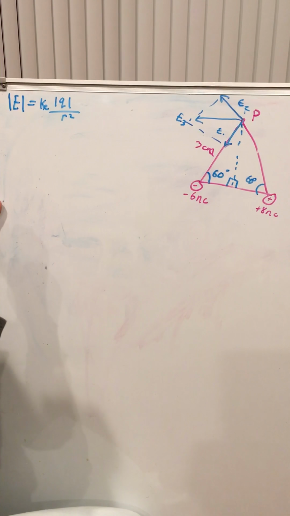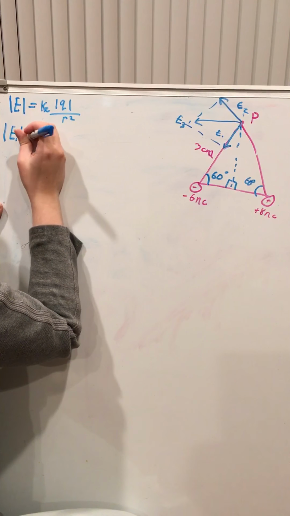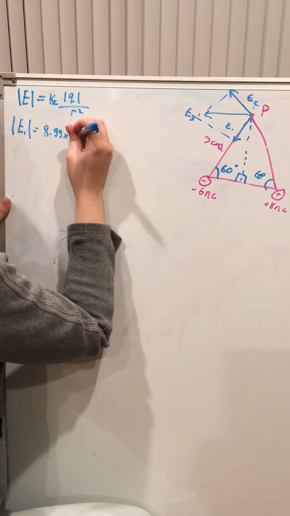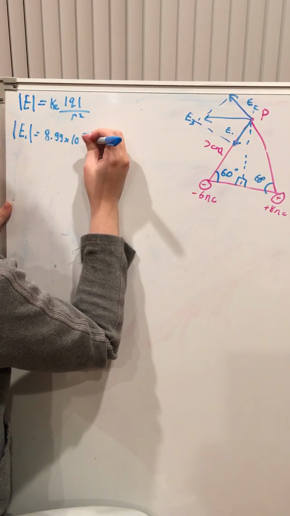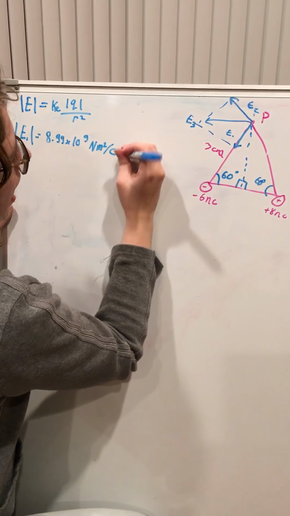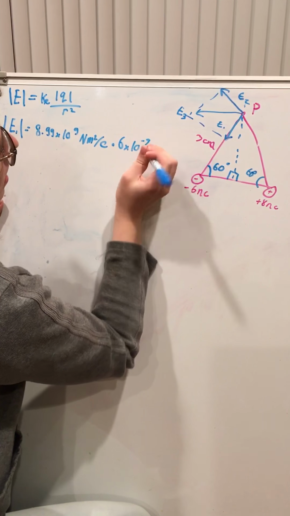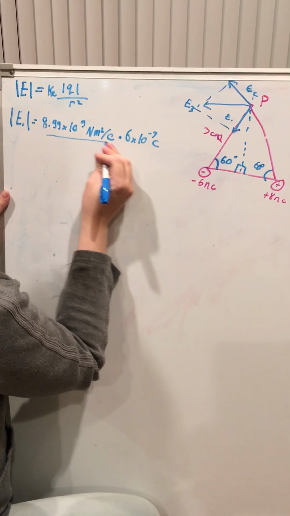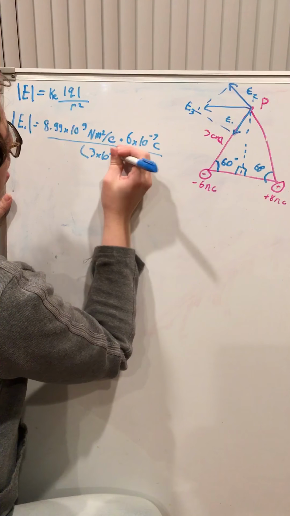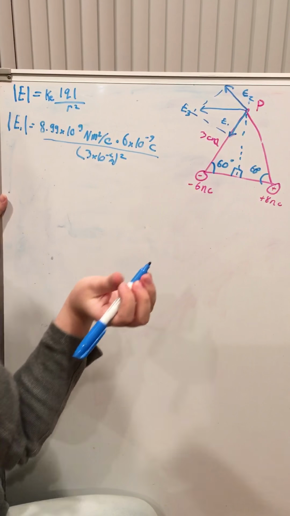So let's take a look at E1. We can see that the magnitude of E1 then equals 8.99 times 10 to the 9 newtons meters squared per coulomb times 6 times 10 to the -9 coulombs, all divided by 3 times 10 to the -2 meters squared.